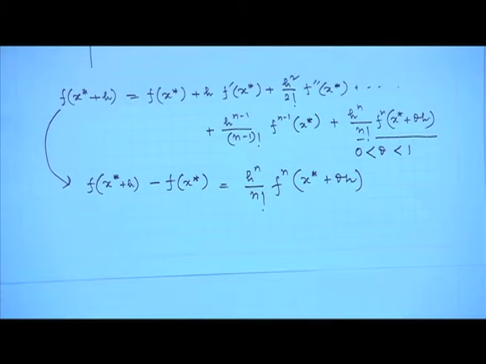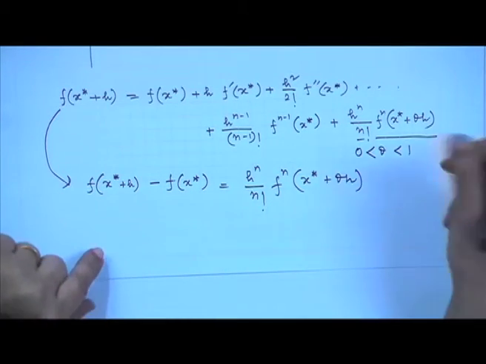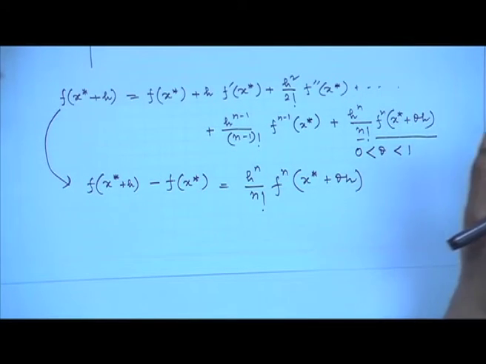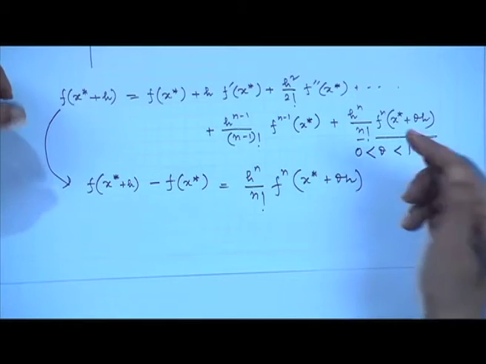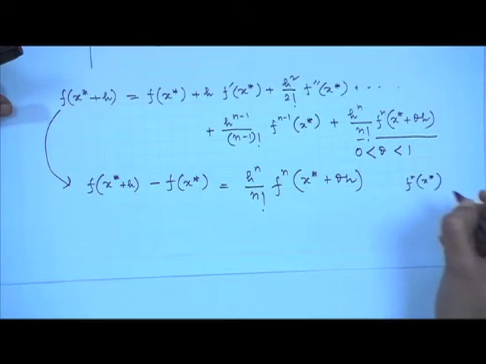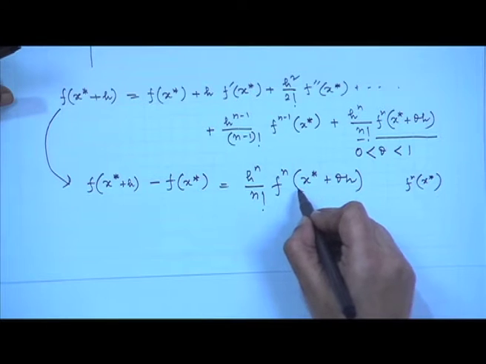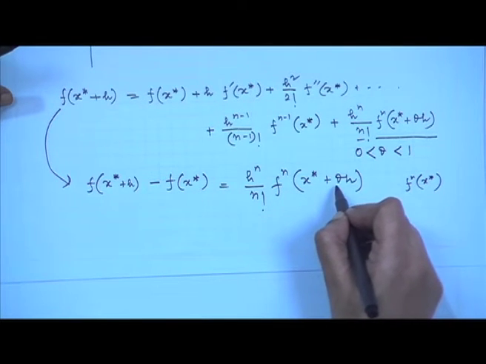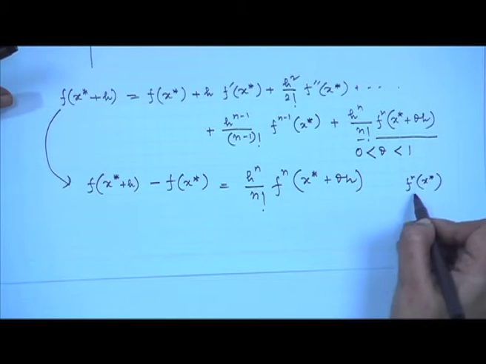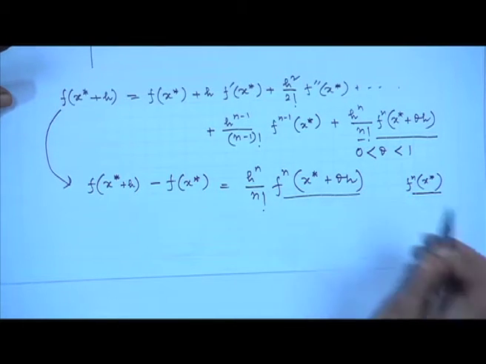Now theta is running between 0 and 1. What has been given? We only know the fact that f n x star is non-zero. One thing you see here: whatever sign f n x star has, the same sign will be maintained on f n of x star plus theta h. Here theta is between 0 and 1. That is why I can say that whatever sign we have for this, the same sign we have for this.